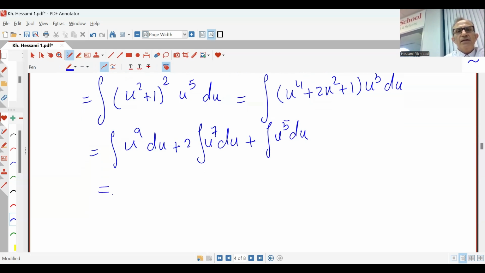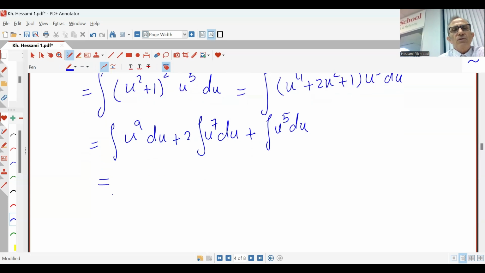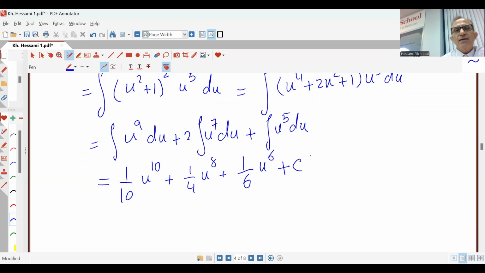And if we take the integral by using the power rule, we will have 1 over 10 u to the power of 10 plus 1 over 4 u to the power of 8 plus 1 over 6 u to the power of 6 plus c.